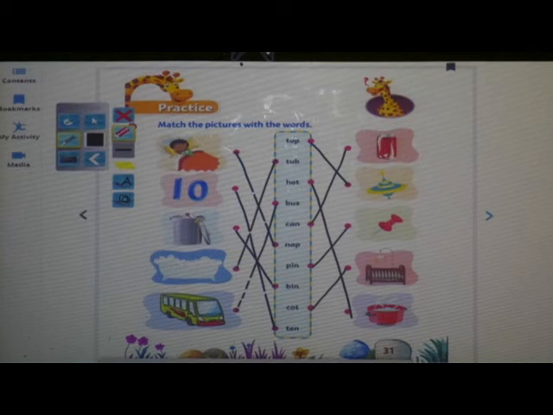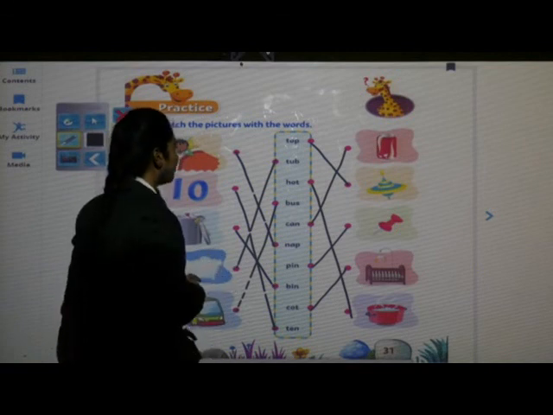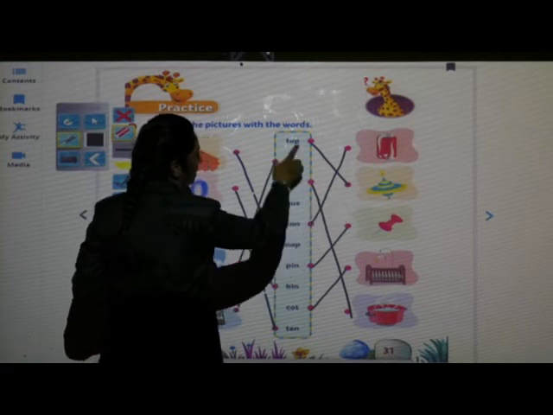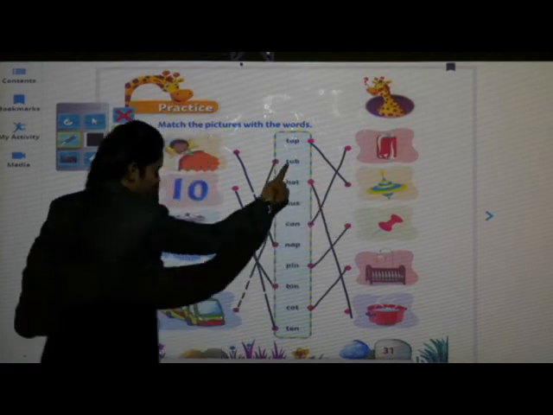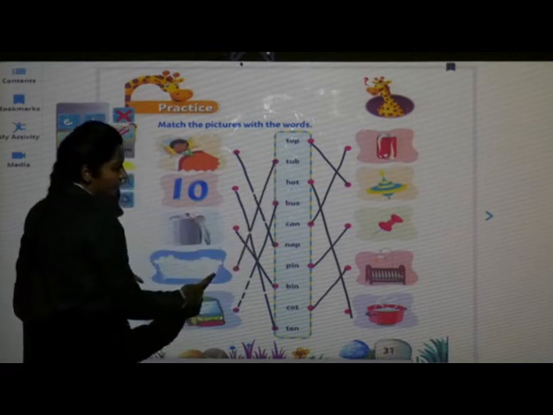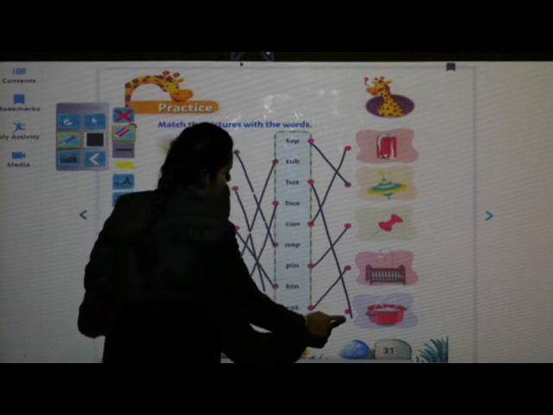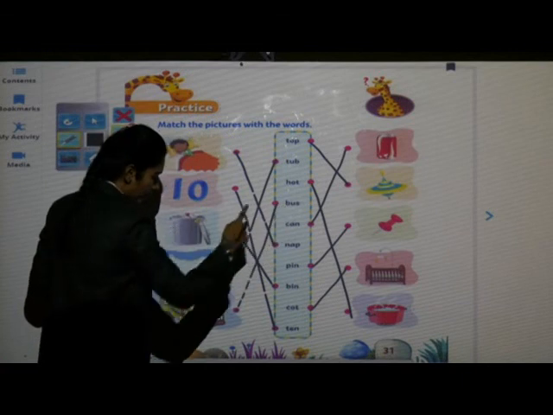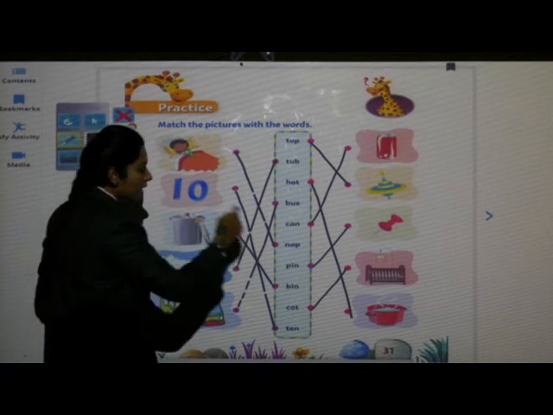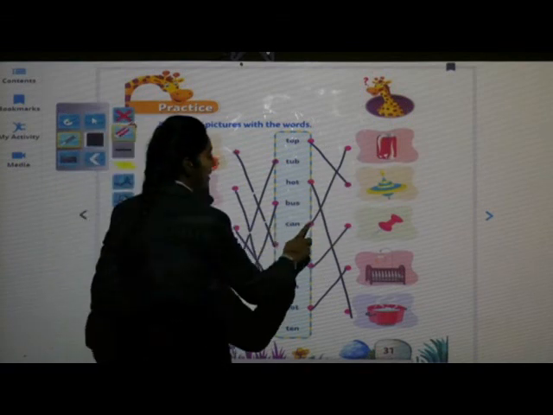Now look at the board. So, one more time we'll revise it. Okay, one more time we'll read the spelling. Say T-O-P top, T-U-B tub, H-O-T hot, B-U-S bus, C-A-N can. Look at the board, don't look into your book.